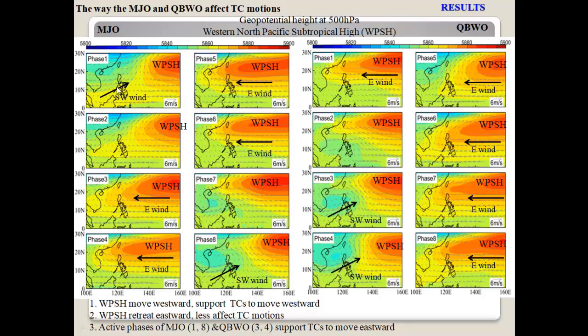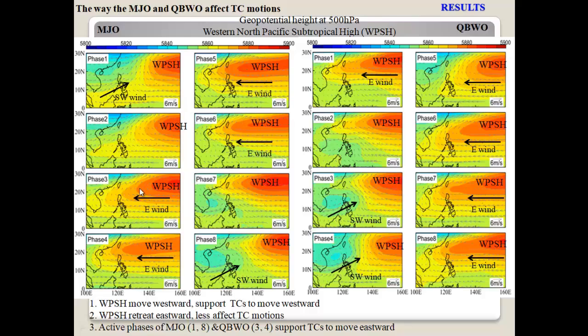Because the MJO is active and strong, the southwest wind becomes stronger. So the stronger southwest wind tends to push TCs to move eastward.